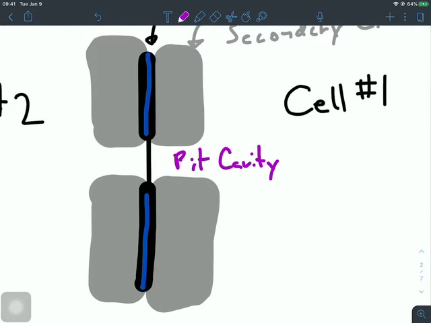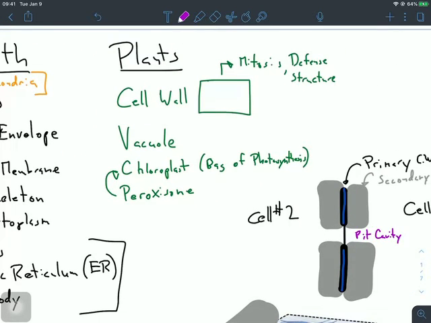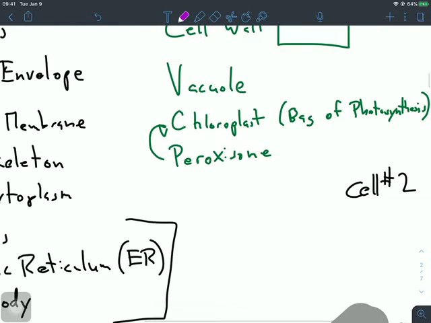And in those pit cavities, we have a very unique plant feature that will be our last organelle listed on this plant comparison sheet. That organelle is a plasmodesmata. And we know these as our plant cell-to-cell connections.